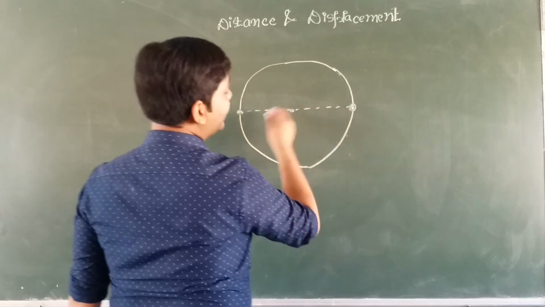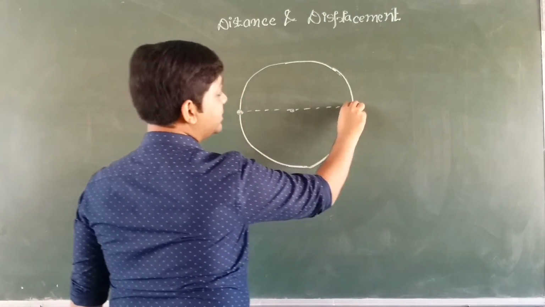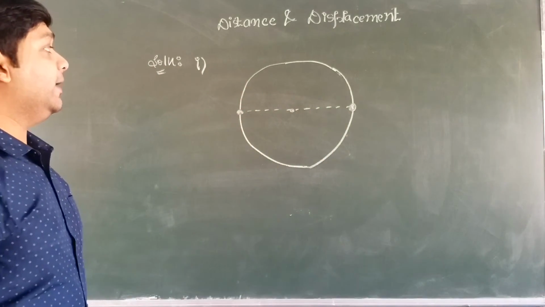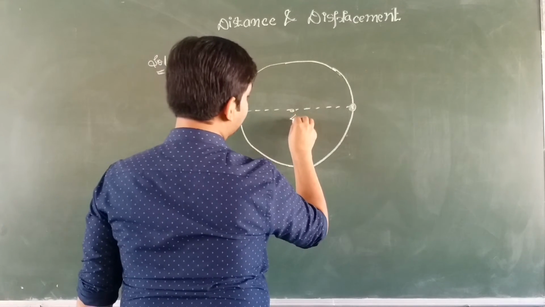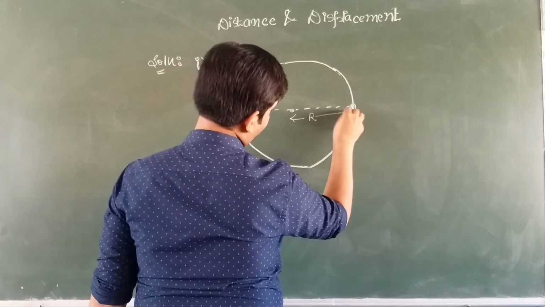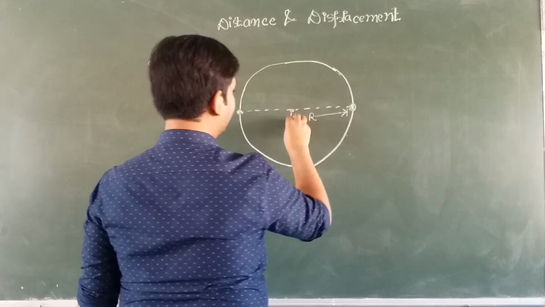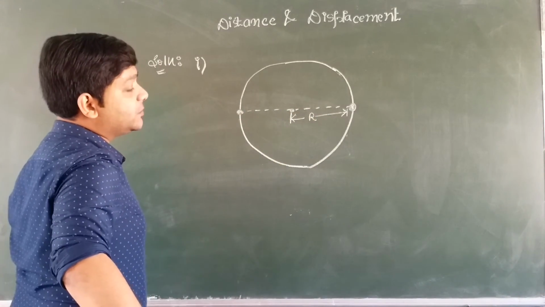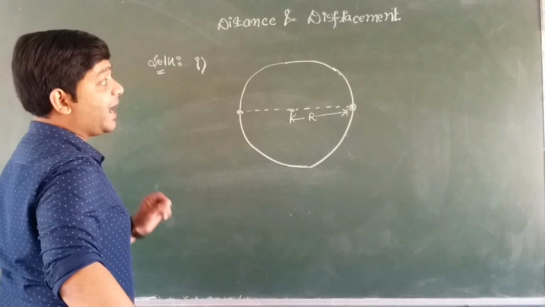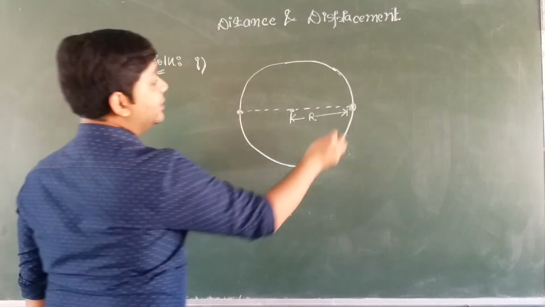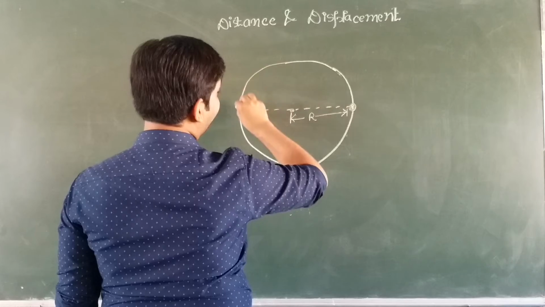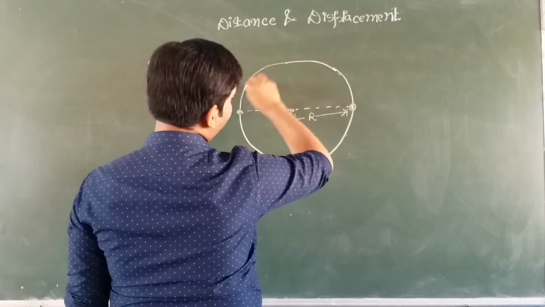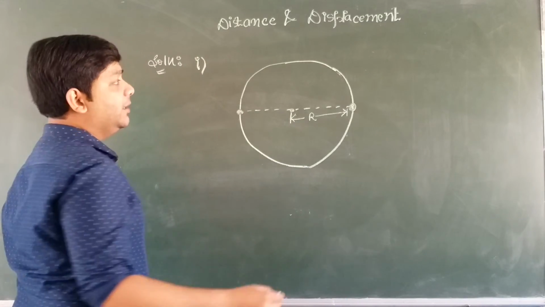So when it covers half of the circle, the initial position of the particle will be this and the final position of the particle will be this. And this radius is given as r. So what will be the value of distance? We have read that distance is the length of the actual path covered by the particle. So this is the path the particle has covered, so we have to calculate its length, and that length will be equal to the distance, right?